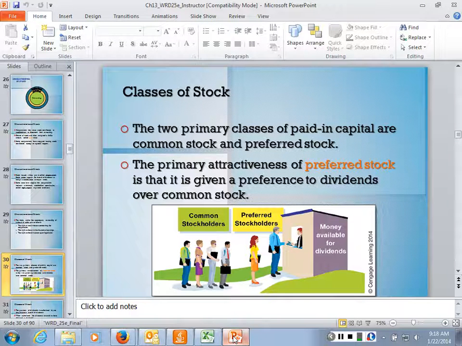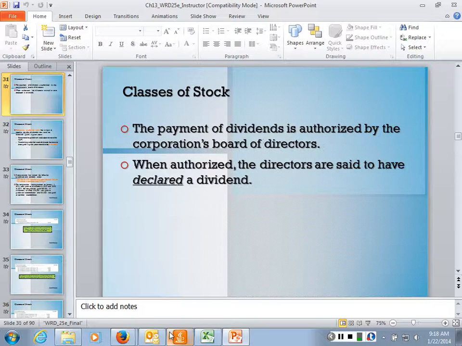So in some years, preferred stockholders may be the only ones who get dividends because there's not enough to go around, whereas in some years, preferred stockholders should get the same amount every year. If there's a whole bunch, common stockholders may get more because they're going to get whatever is left over. And that's what we're going to talk about when I get ready to do the Excel files.